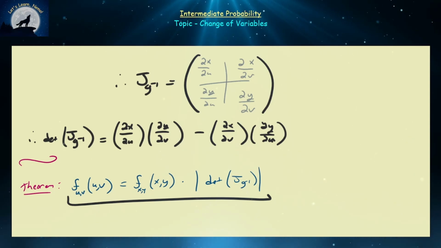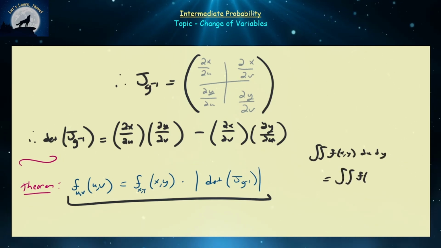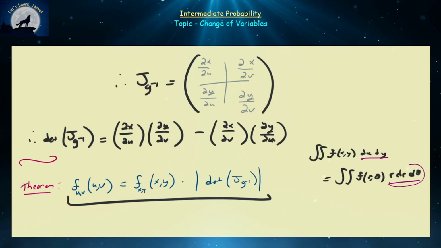That's pretty much why we can convert, for example, the integral of f_xy dx dy into the double integral of f r theta r dr d theta, because here dx dy and r dr d theta are connected by this Jacobian matrix. So r dr d theta is the determinant of the inverse between x, y, and r, theta.